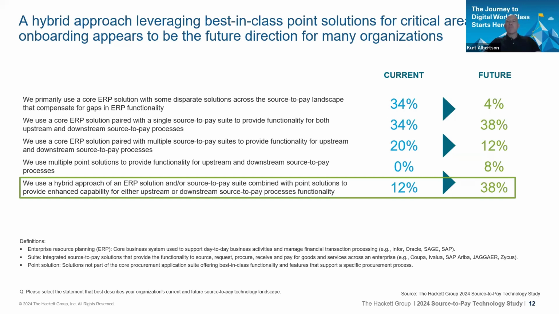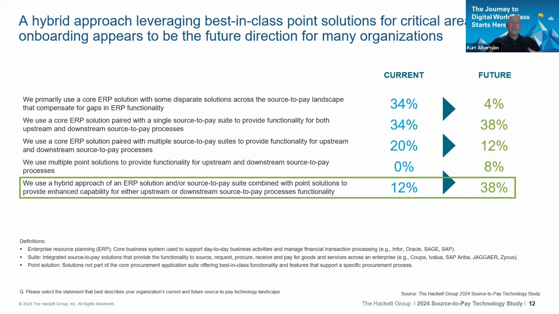We are seeing the biggest growth area in terms of strategy for technology is, for certain functionality, to look for best-in-class point solutions to combine with your end-to-end suite or ERP solution where needed.